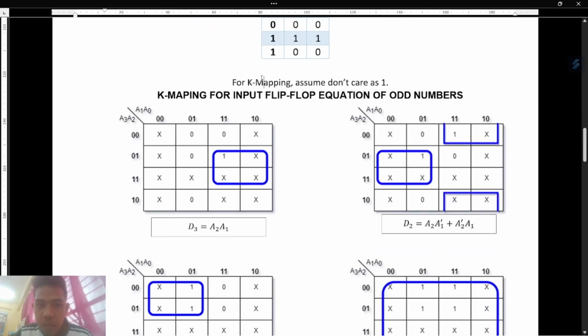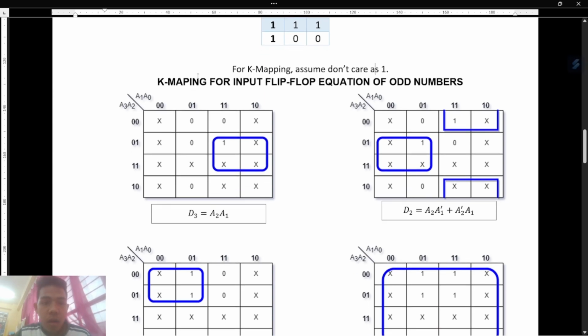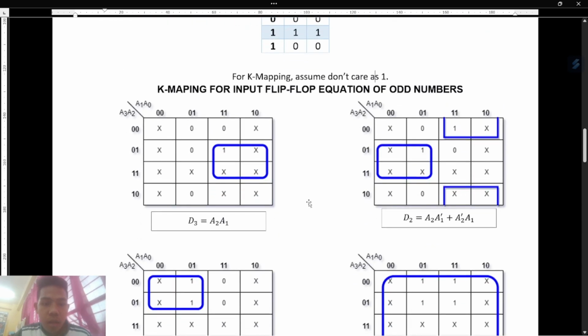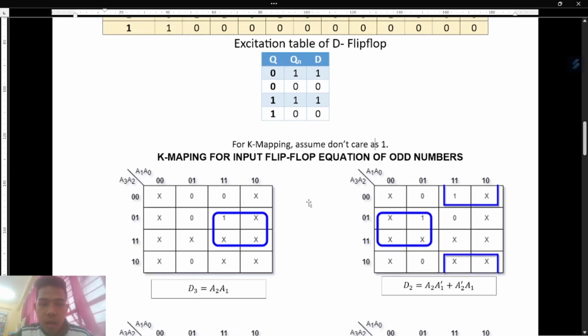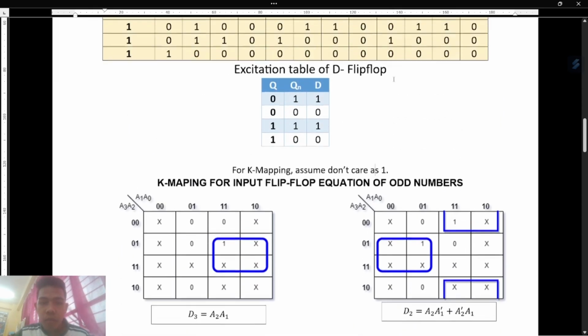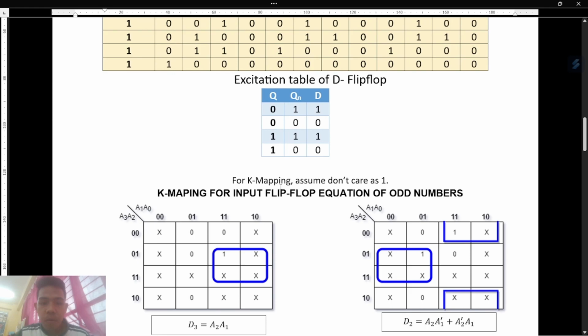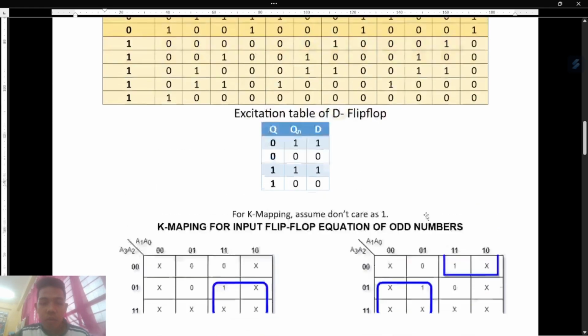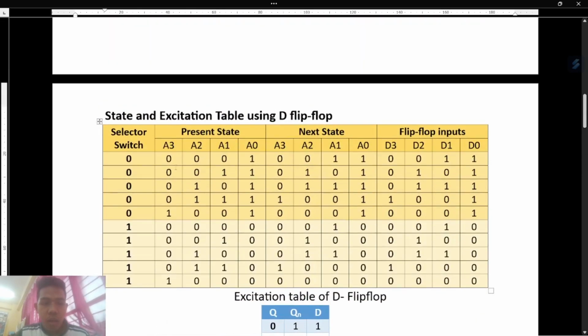So next is K-mapping. For K-mapping, we assume the don't care as 1. First, we need to separate the K-map for odd numbers and even numbers. First, odd numbers. K-map for input flip-flop equation of odd numbers.